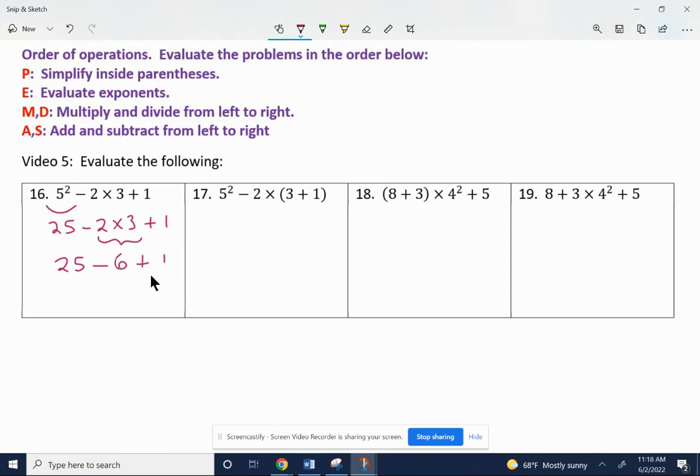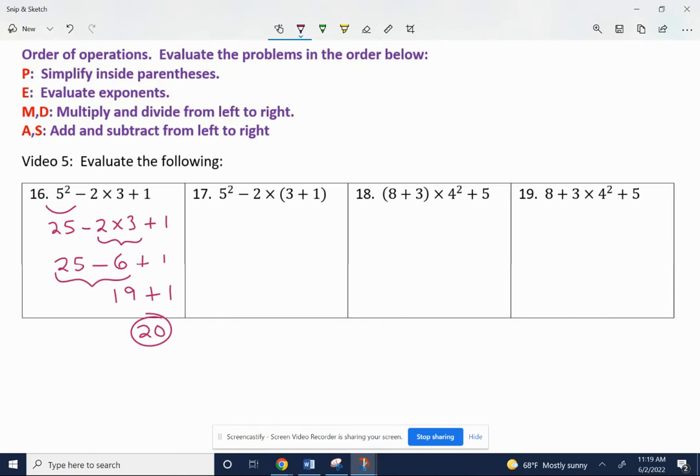Again, I'm not going to add first necessarily. Don't take 6 plus 1 first, because when I'm looking at my problem from left to right, I see 25 minus 6 first. So 25 minus 6 is what I do first. That's 19. Then add the 1. 20. 20 is my answer to that.